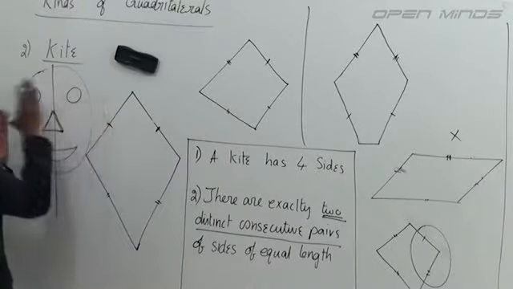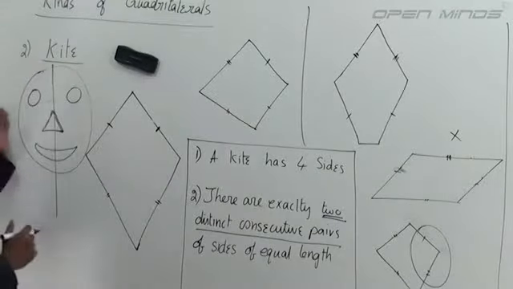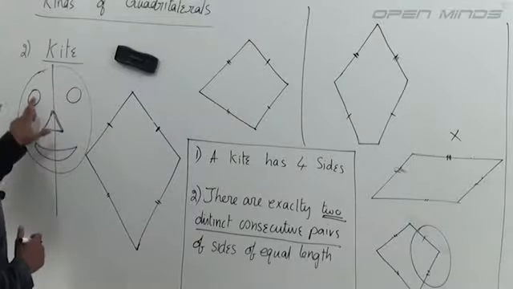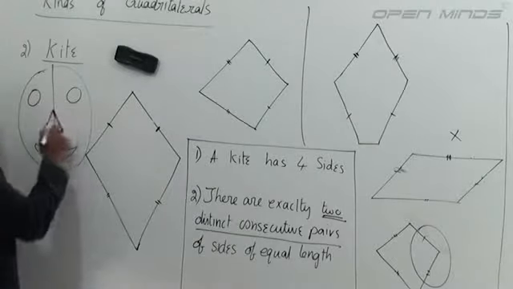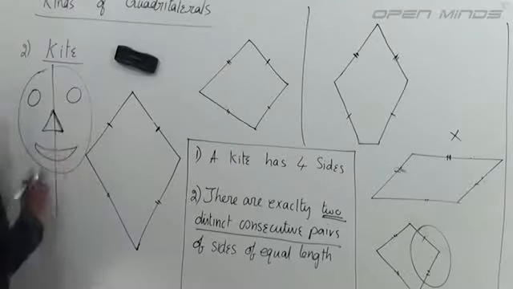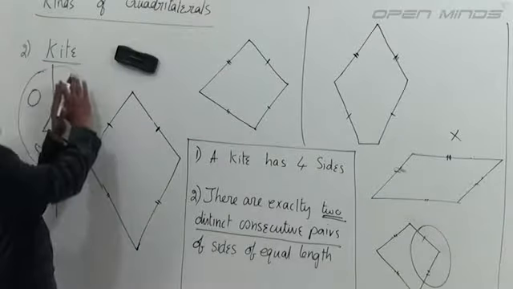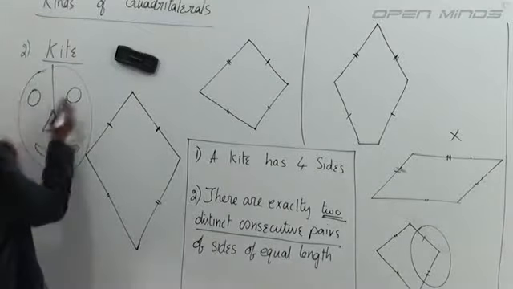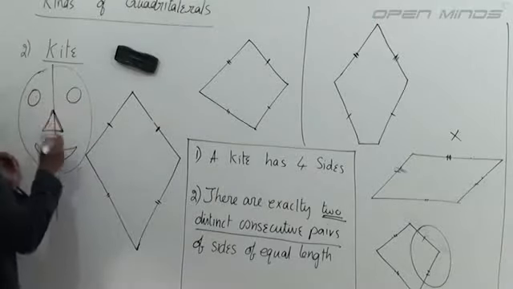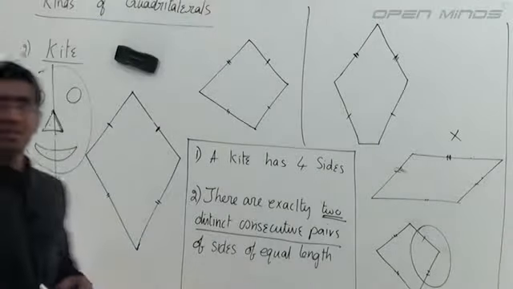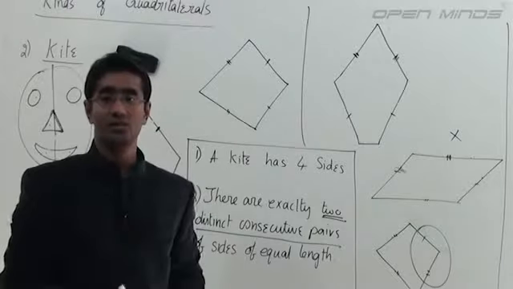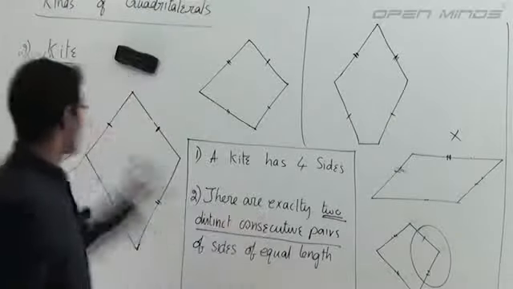If I fold the face on this line, this eye will fall on the other eye, half the nose on half the nose. That's called the line of symmetry, which cuts a diagram into two symmetrical halves.